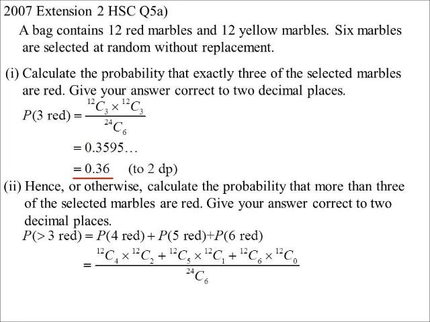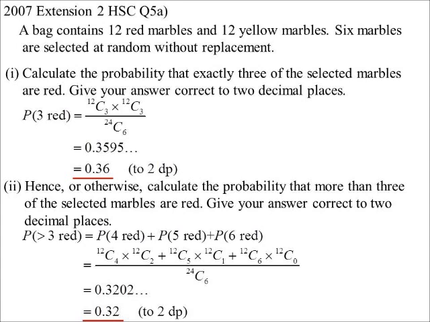So this, I guess, would be the or otherwise. I haven't used my answer to part I, you'll notice. But they've given me that option. So I could work out 4 red, so 12C4 times 12C2, 5 red, 12C5 times 12C1, and all red, 12C6 times 12C0, which of course is just 1. And we get our answer, 0.32.